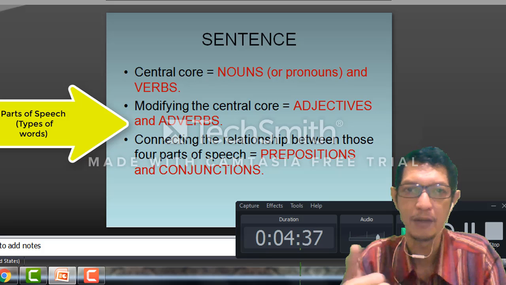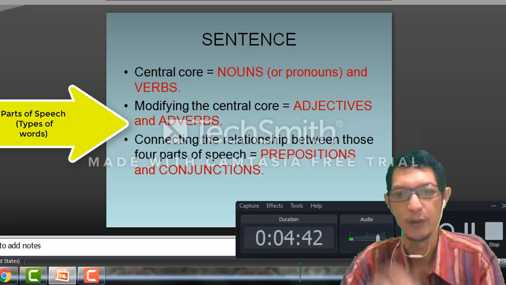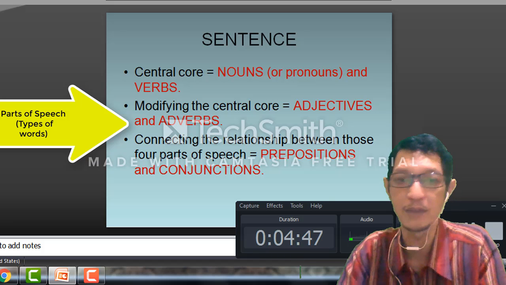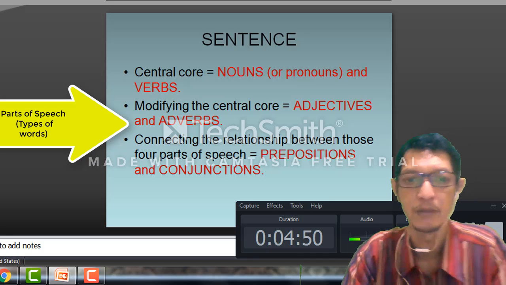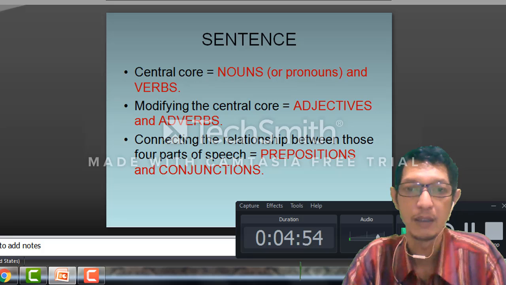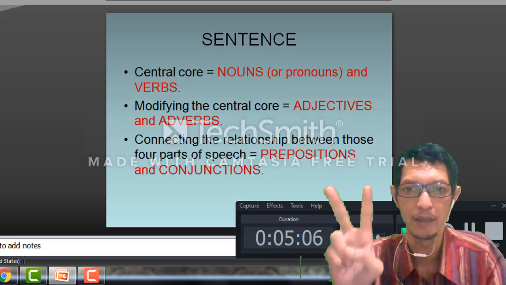We have nouns, verbs, adjectives, adverbs, prepositions, conjunctions, even articles, and so on. We have so many types of words in English. But you have to remember the central core. When you make a sentence, just remember that the two elements should exist: the subject and a verb.